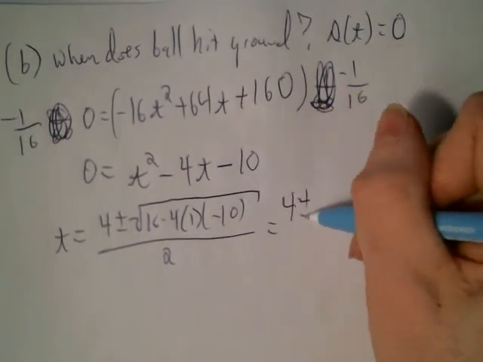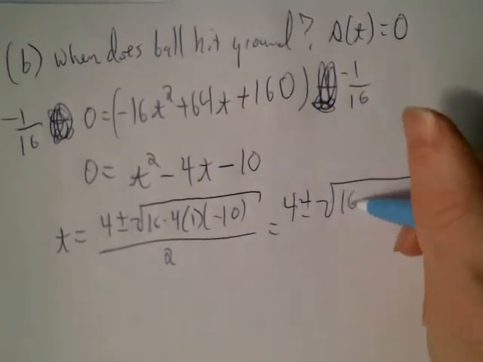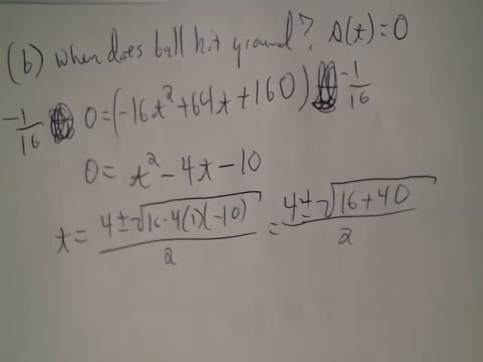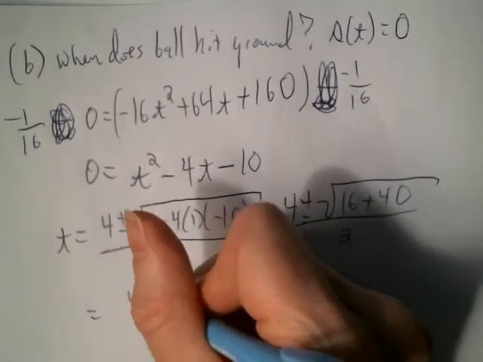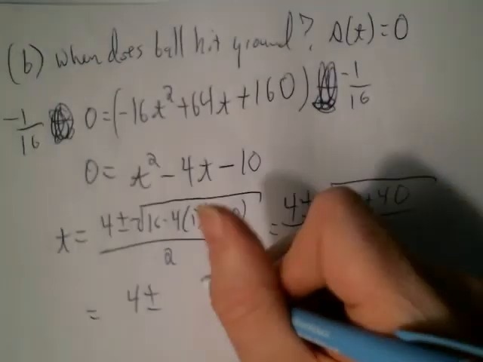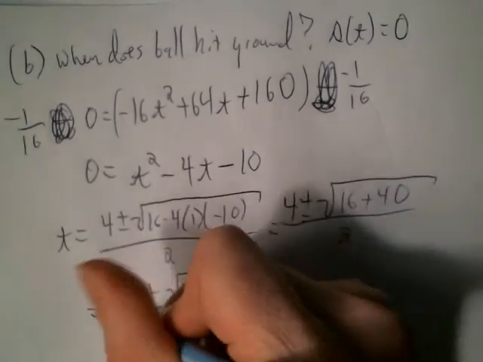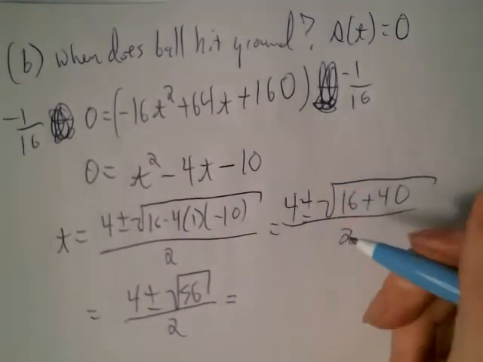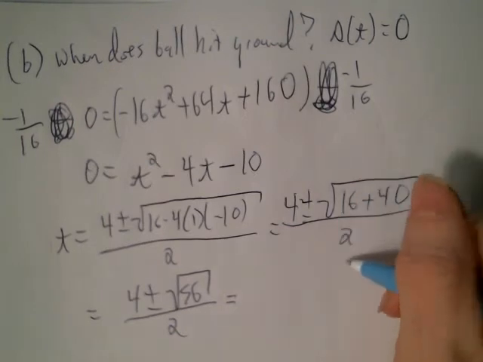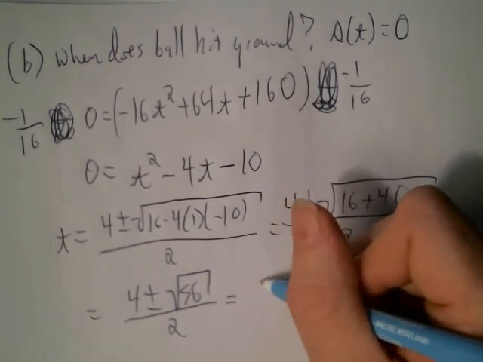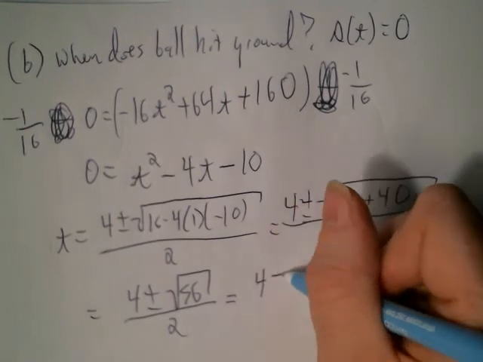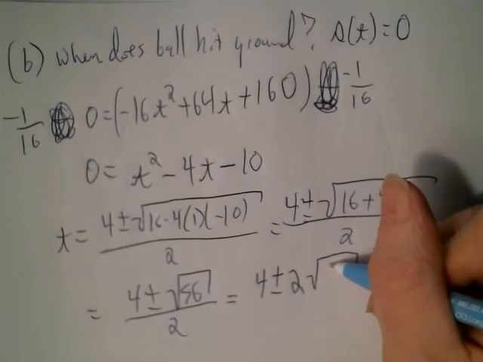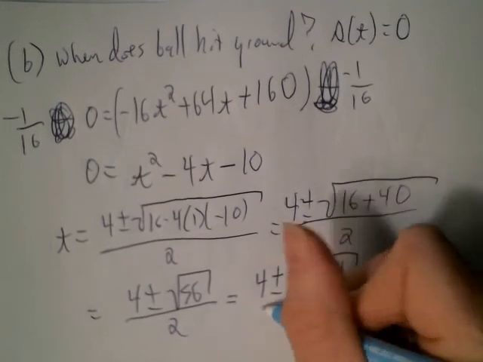And then 4 plus or minus the square root of 16 plus 40, all over 2, which equals 4 plus or minus the square root of 56, all over 2. And I believe 4 goes into the 56, so we can march out a perfect square, leaving us with 2 radical 14 over 2.